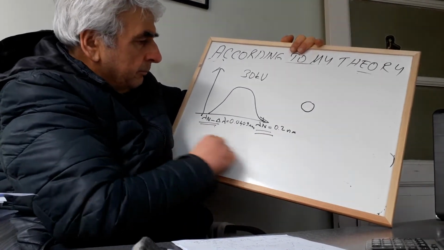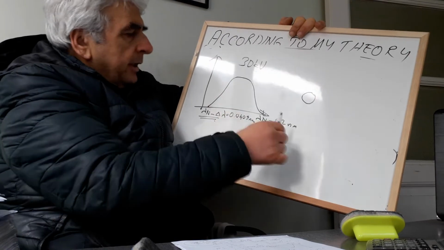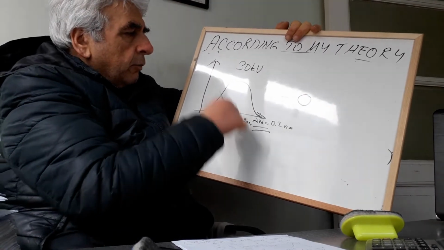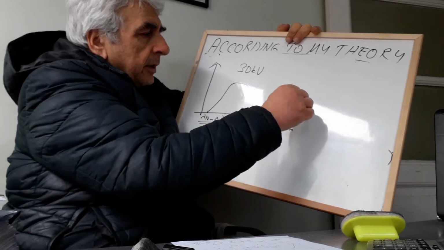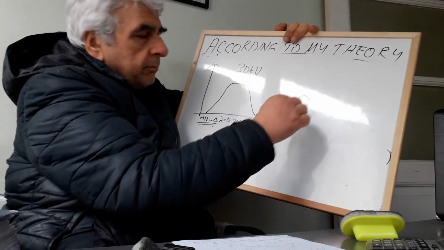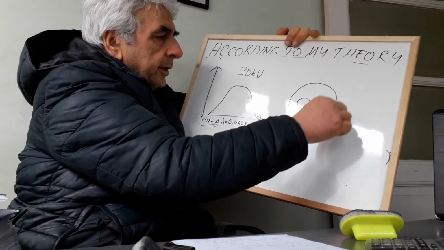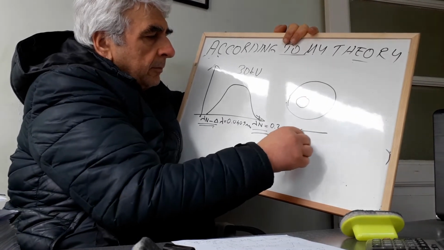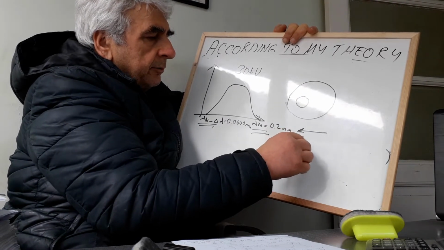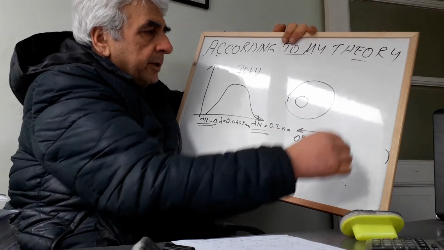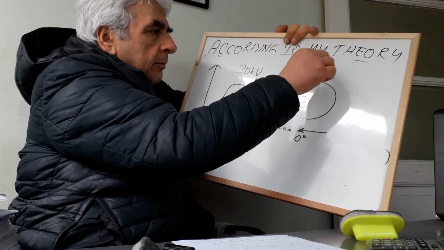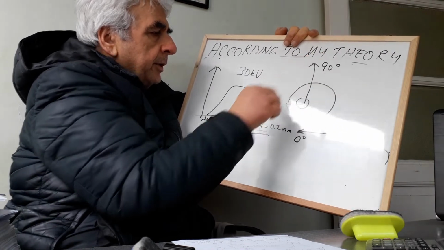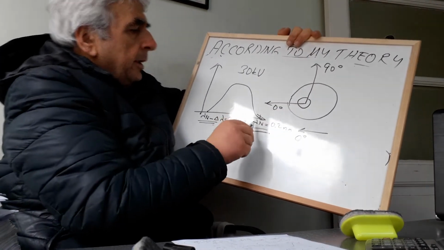Now we have this graph. What does this graph represent? Relocating electron motion, here on the left side, in the direction of 0 degree. Here 90 degree, here 0 degree.